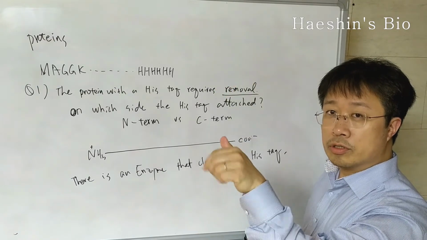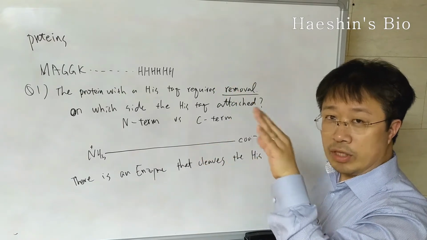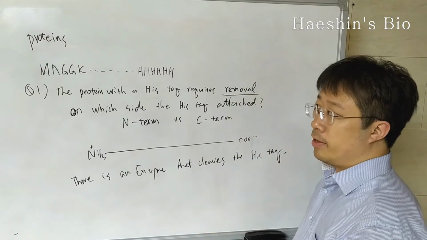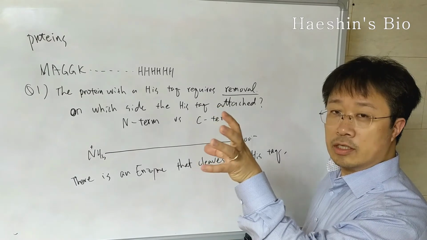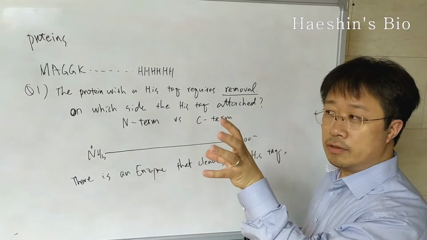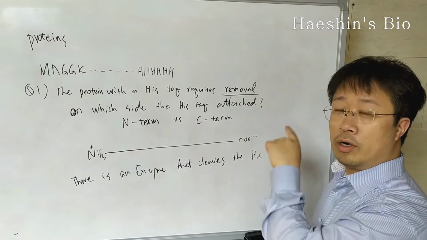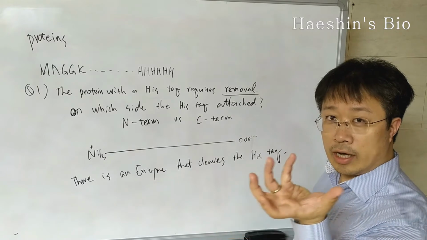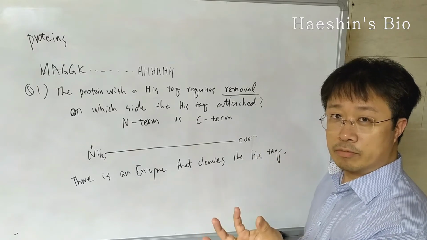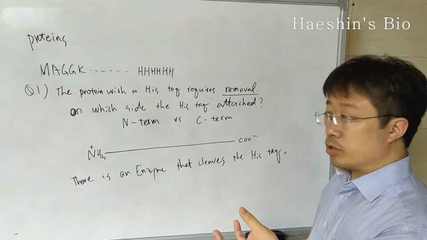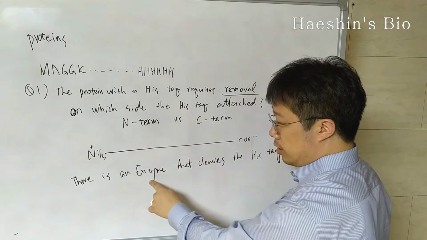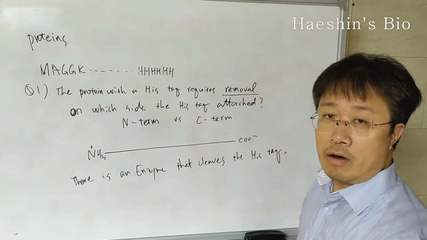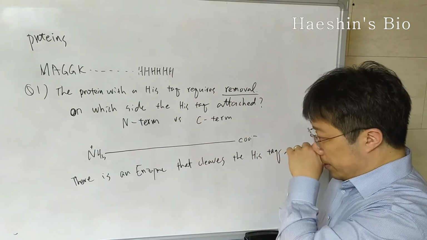You pour the solution, and all the proteins without histidine tag flow through. You throw this away, and then you have the histidine-tagged protein attached on the resin, and then you put the imidazole or acid solution, so that the histidine-tagged protein comes off. So you got a successful purification of protein. But now the next question is how to remove this tag. So you need an enzyme to cleave it out. So that's the question, right?